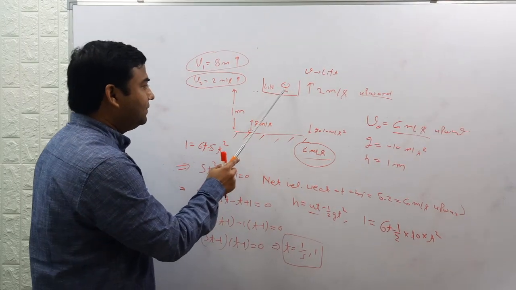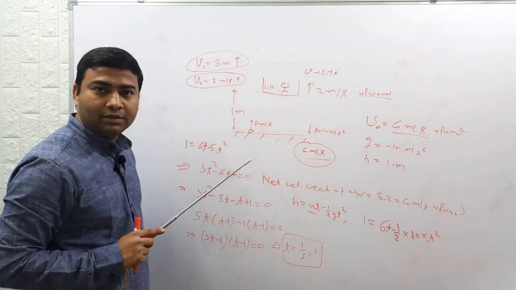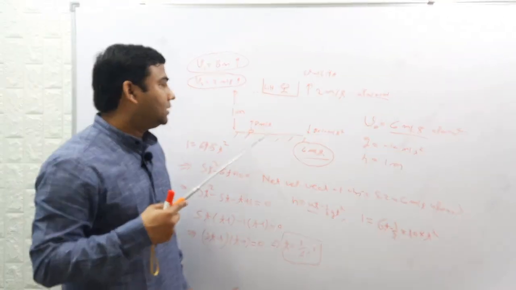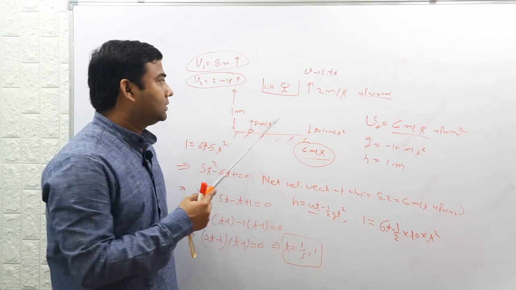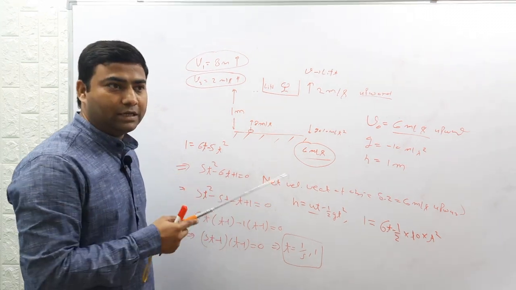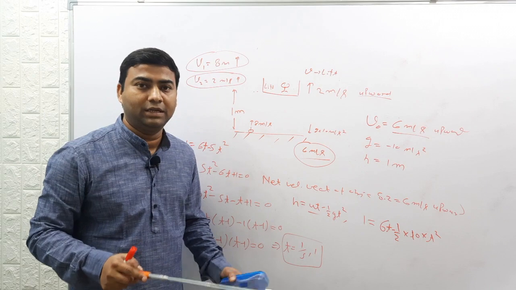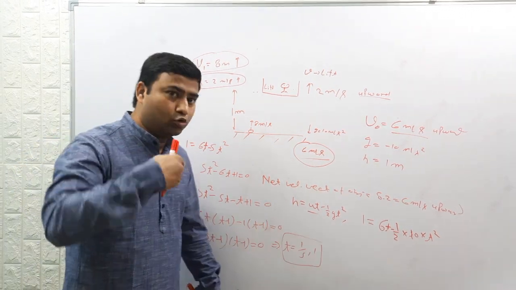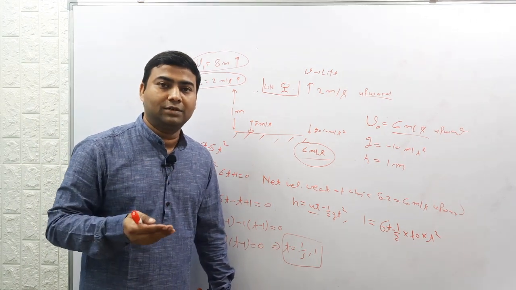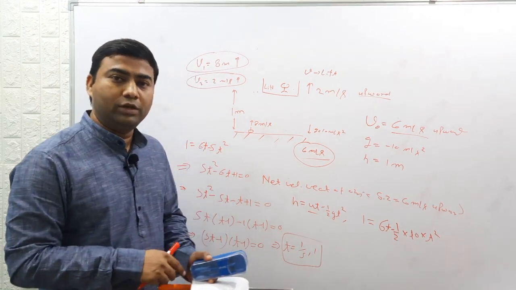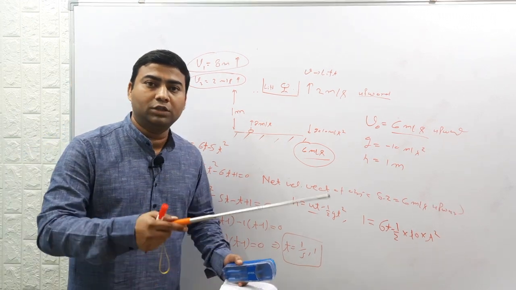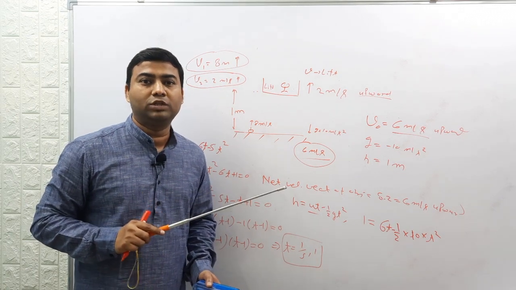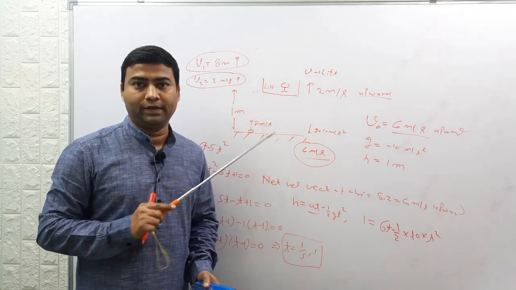So I have sat inside the lift and observed the motion and used the principle of moving frame. You can also find this by the simple relative velocity equation. But for quick visualization, quick understanding, you can use this concept to reduce the velocity of the moving frame from the velocity of the object, to observe the motion of the object from the moving frame.